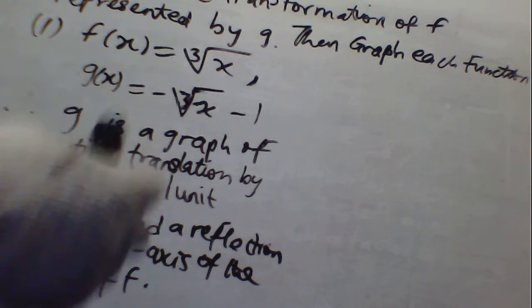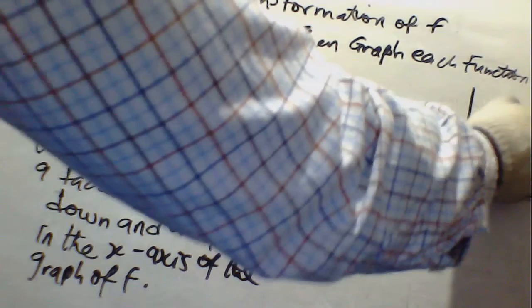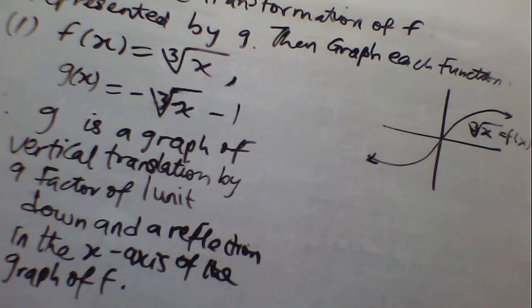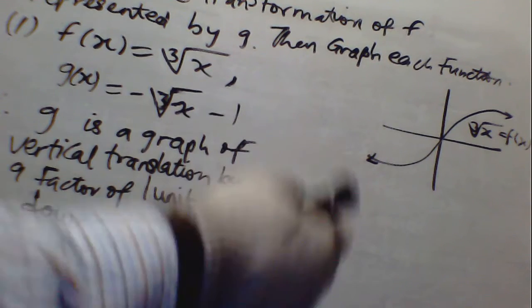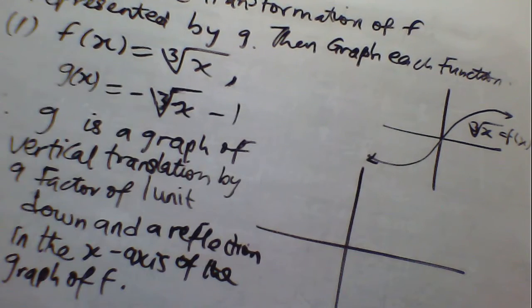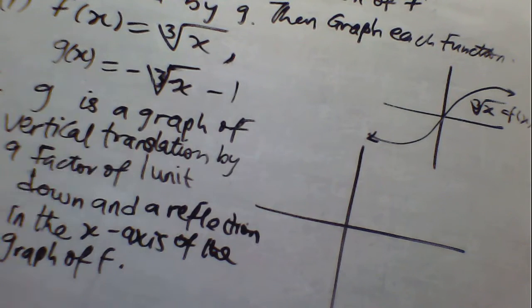So you can draw the parent. This is the parent. The parent will look like this for the cube root. This is equal to f of x. Okay, see, this is f of x. So here you can now follow the instruction.